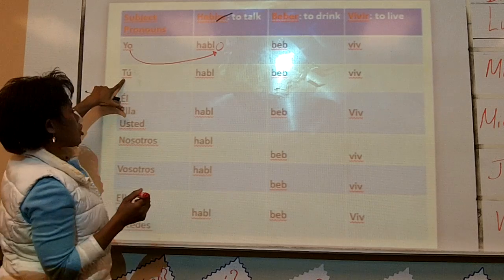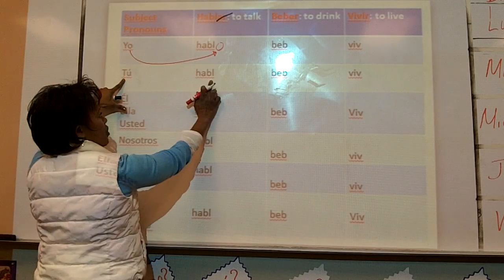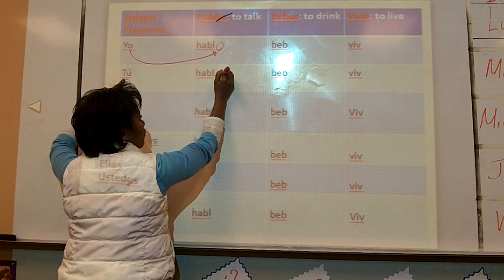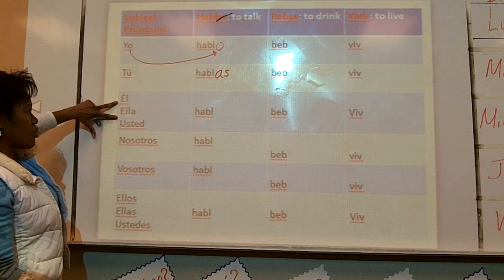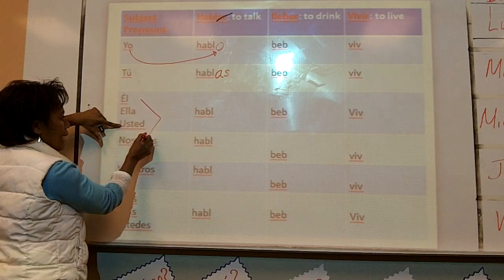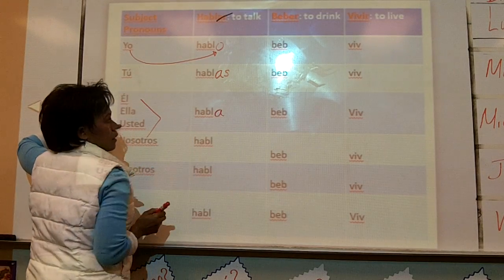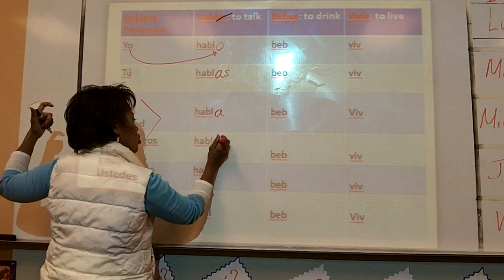Now to a different subject. Because the subject changes, the ending of my verb will change as well. So the ending for tú will be AS. Now for these three subjects, él, ella, and usted, the ending will be the same, which will be A. The ending for nosotros is AMOS.